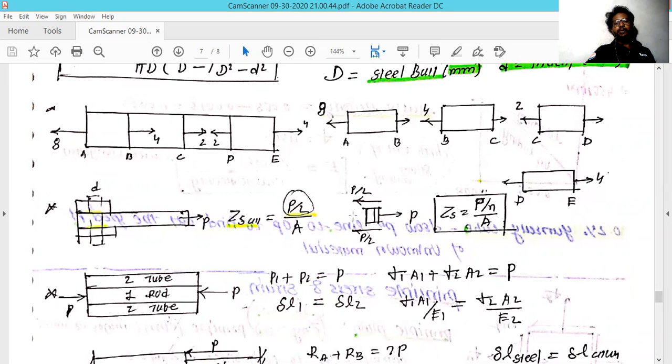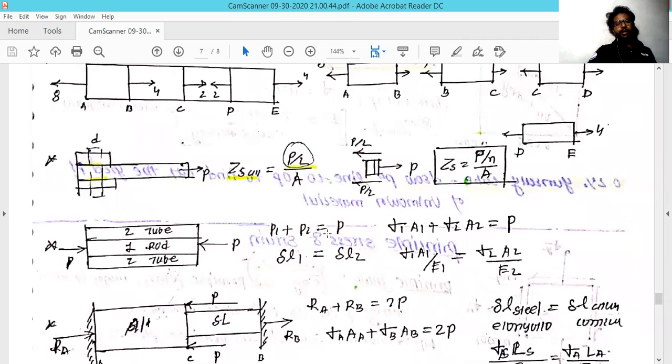So now we move to the case where there are n number of shearing planes, more than two. Then what will happen? You have to divide with respect to n, which is nothing but the number of your shearing planes. So here it is two. That's why I have put the n value equal to two.